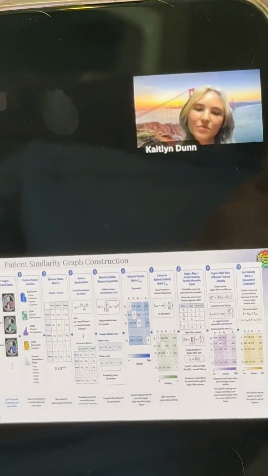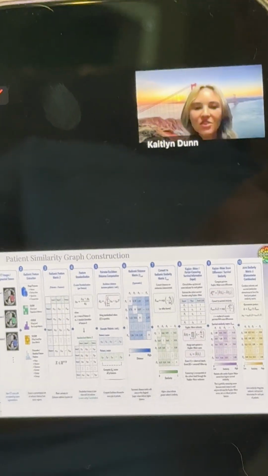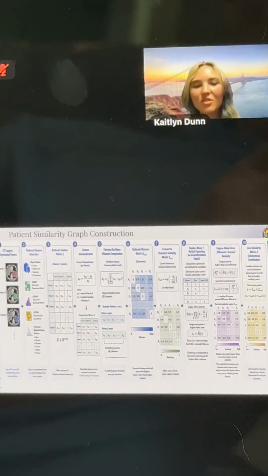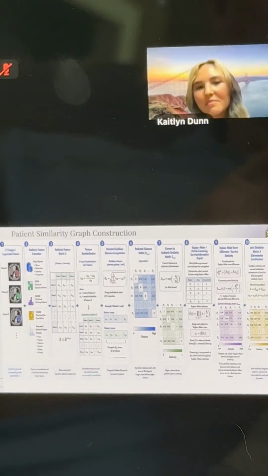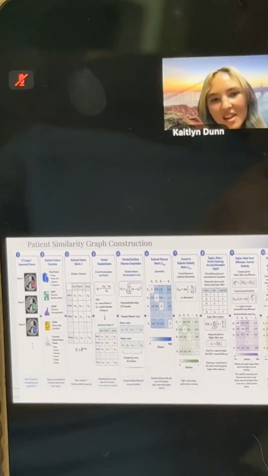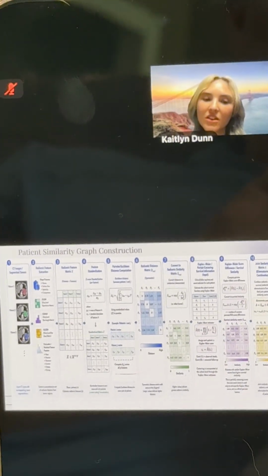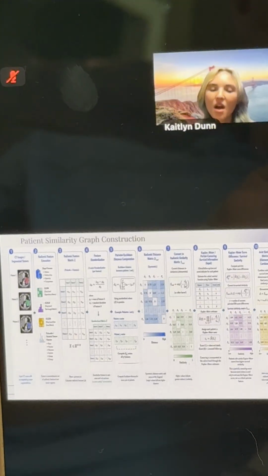And this is representing the patient in a radiomic space. So you look at each patient and you find the Euclidean distance between each of the patients to represent how closely related their tumors are based off of shape.